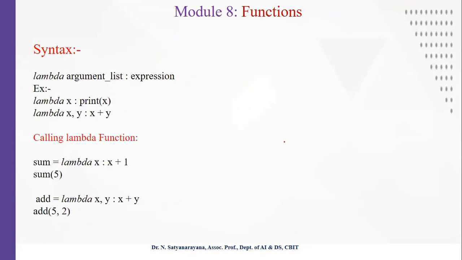So you can see how it can be defined. The syntax is that you use the keyword lambda, then the arguments list, or the variables, and the operation to be performed on the arguments list, and the evaluated value will be returned back to the place from where the function is called.